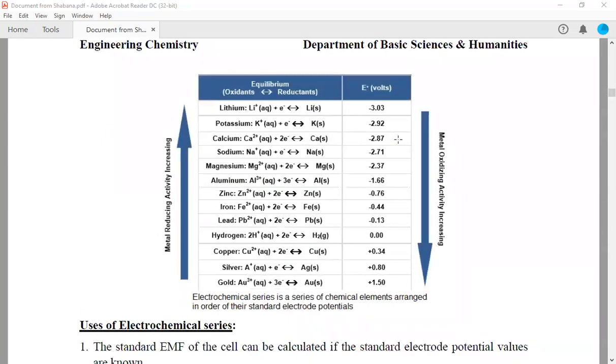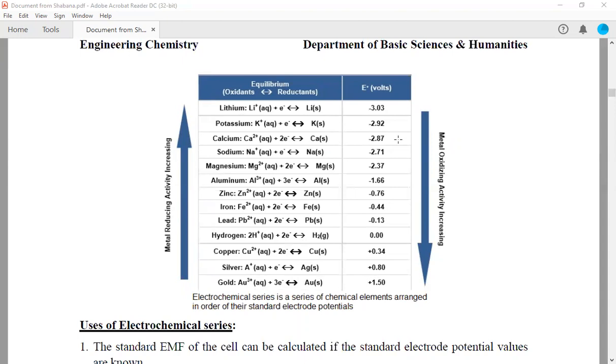So this is the electrochemical series. In this, the higher a metal is in the series, the greater is its tendency to be oxidized.